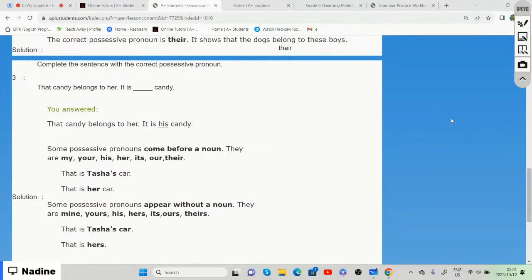All right. The next one: the candy belongs to her. So if the candy belongs to her, then whose candy is it?